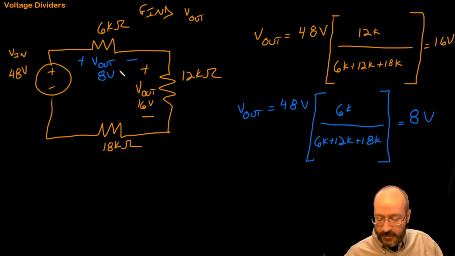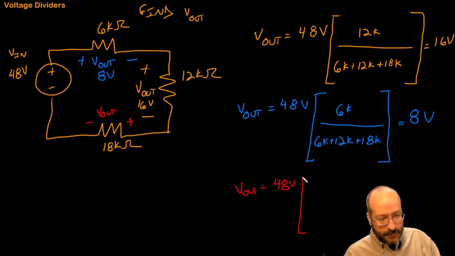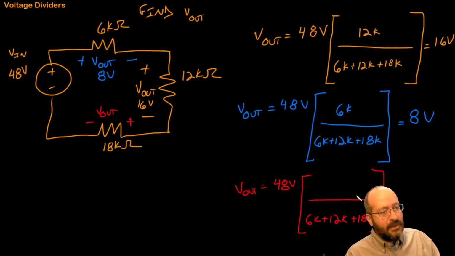All right. And since we've come this far, we've got to figure out this voltage. Okay, so I'll do it in red. V out equals 48 volts, that's the same, over 6K plus 12K plus 18K. Hopefully you're yelling at your monitor that you already know what this is.